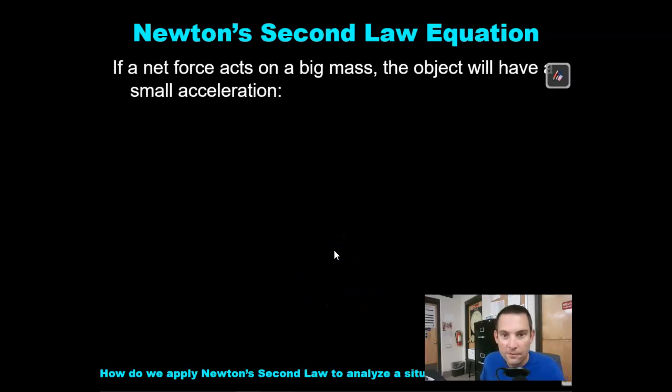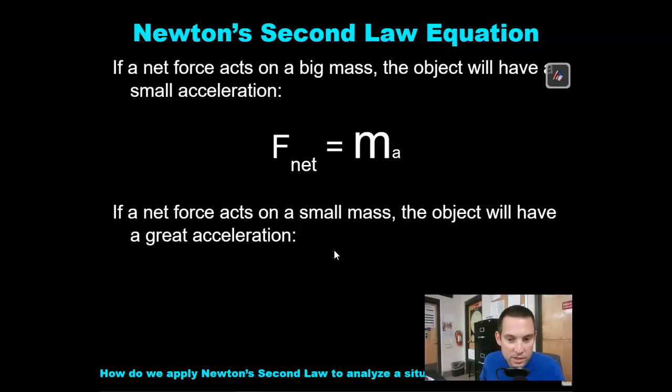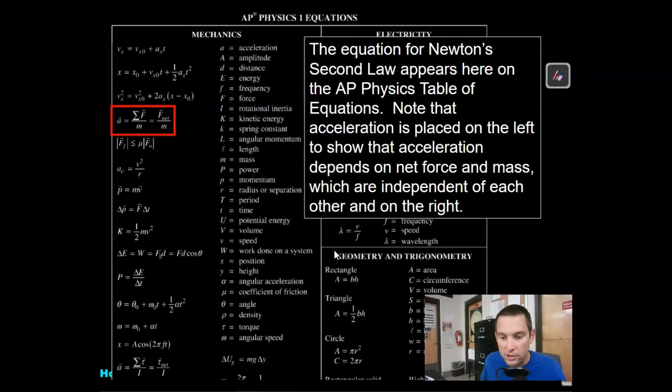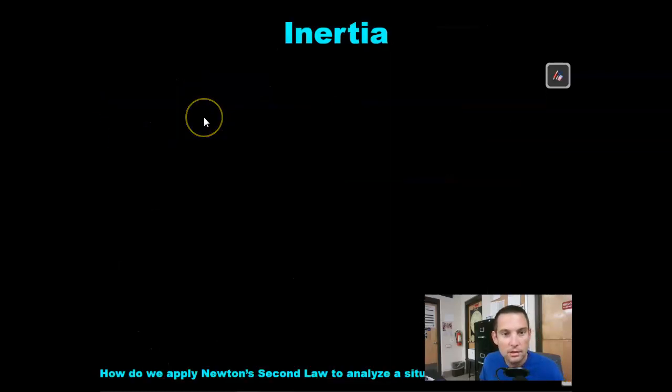If a net force acts on a big mass, that object will have a small acceleration. If a net force acts on a small mass, that object will have a great acceleration. On your equation sheet, this is what it's going to look like: sigma F over m equals F net over m. I know your equation sheet looks different than this, but I promise you, it's going to look just like this.